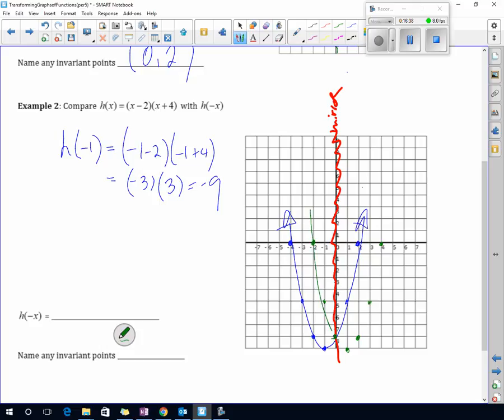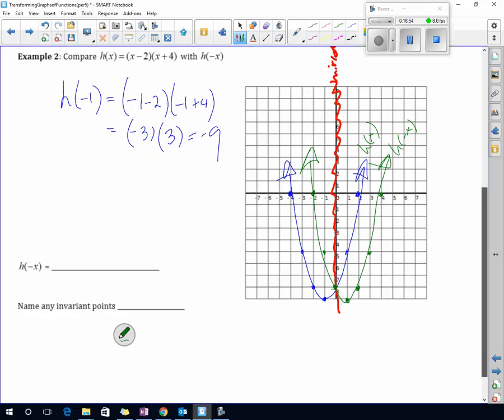Okay, we good there? We have to come up with the equation. So, who can tell me what the equation of h of -x would be? Okay, I'm sorry, say that again.